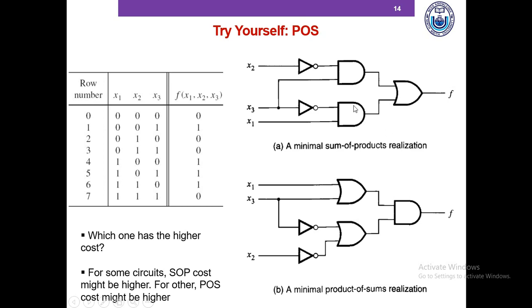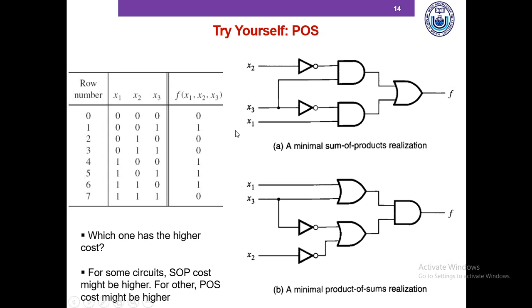The cost of the product of sum is 1, 2, 3, 4, 5 gate inputs, and the number of inputs to gates is 1, 2, 3, 4, 5, 6, 7, 8. So the cost of the circuit in figure A is 13, and the cost of the circuit in figure B is likewise 5 plus 8, which is 13. Okay, so they're the same cost.